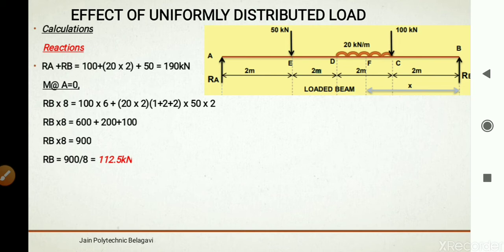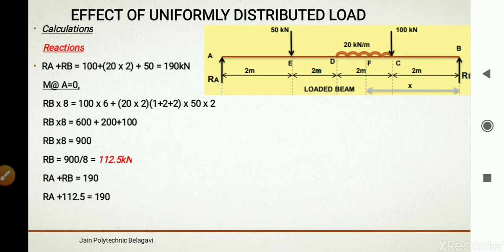Reaction B is 112.5 kilonewton, and we know that RA plus RB is equal to 190. Put RB is equal to 112.5 kilonewton. So it will be RA plus 112.5 is equal to 190.